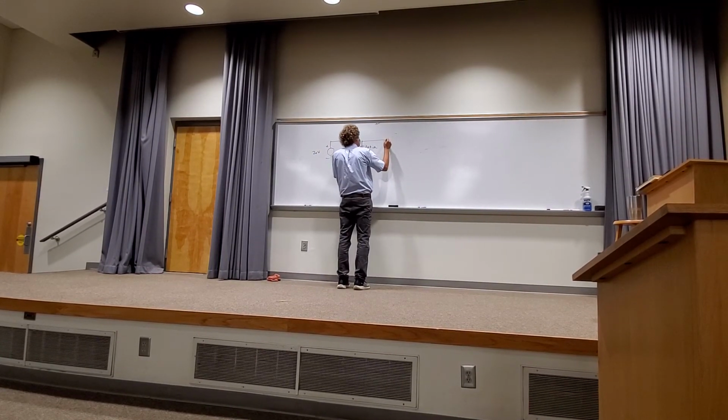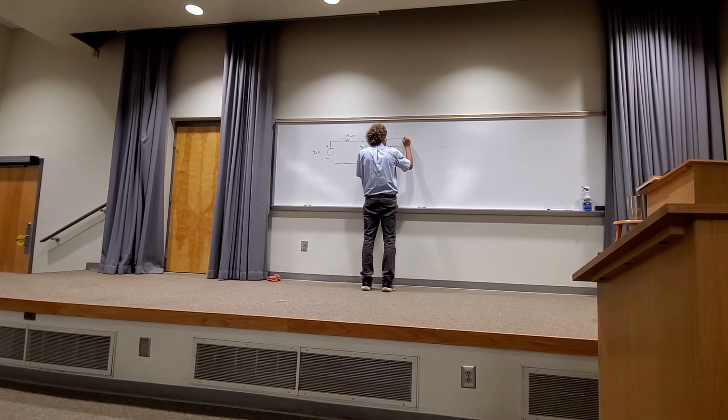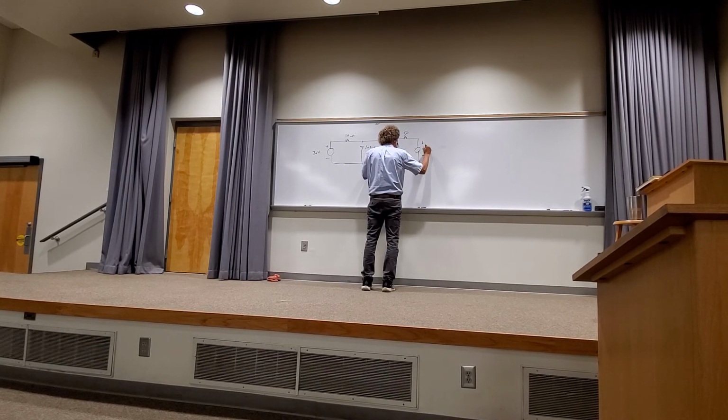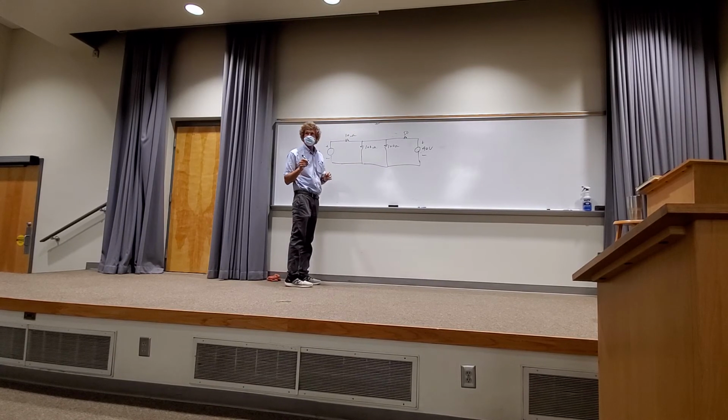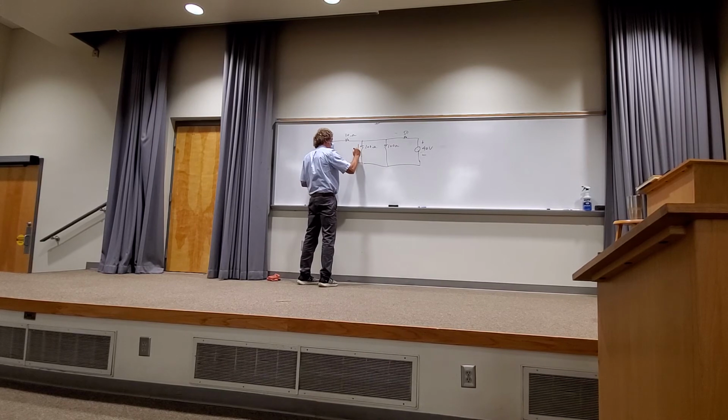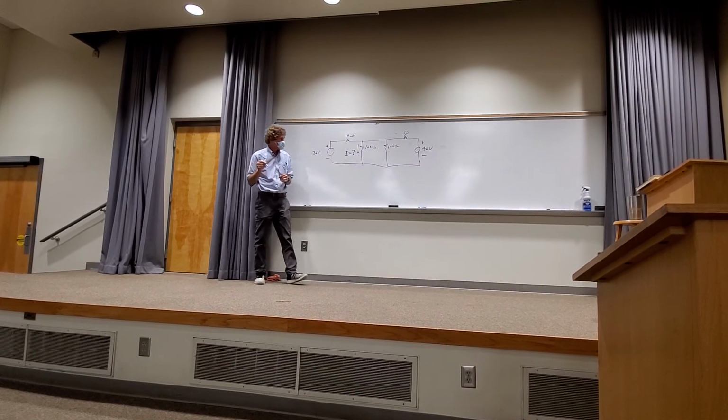And then, let's see, make this 100 ohms. Make this 50 ohms. And make this 40 volts. All right? And I want you to tell me what the current is through this 100 ohm resistance.